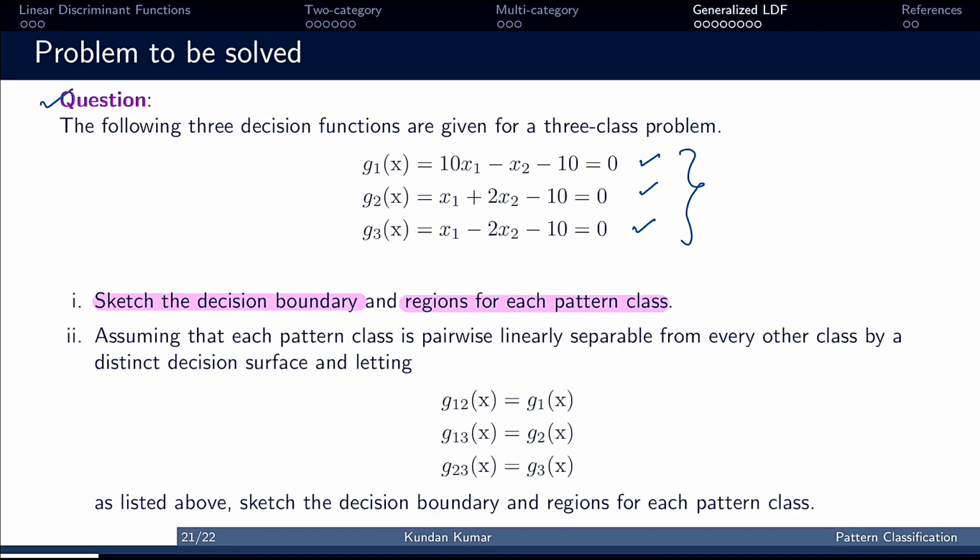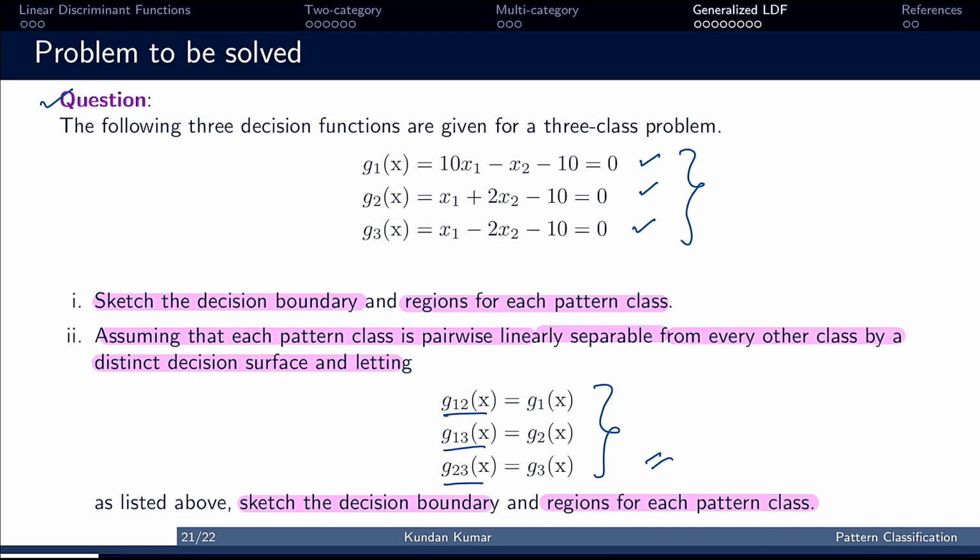The next part assumes that each pattern class is pairwise linearly separable from every other class by a distinct decision surface, using these distinct surfaces where g12(x), g13(x) and g23(x) are given. Here also we have to sketch the decision boundary and the region for each pattern class.